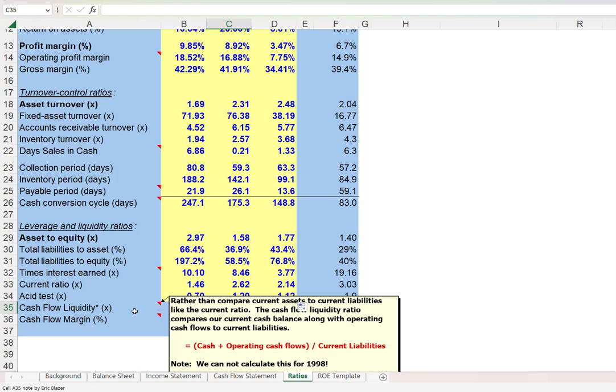So in other words, what do we have in the way of cash today, plus what cash do we expect to generate over the coming year, and how does that compare to our current liabilities? Because we can have very little in the way of cash as long as we expect big checks to come in the next day or so, or a week or so.